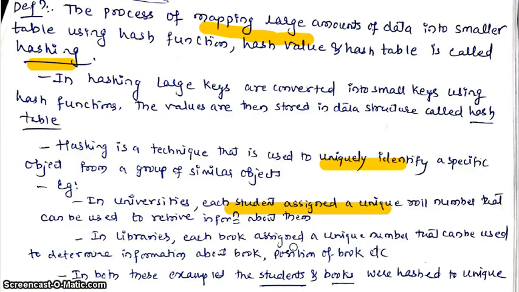If I know the number of the book, then I can retrieve the entire information about the book, like the author name, where it has been placed, the position of the book. Everything can be accessed based on the number which is given to the book.